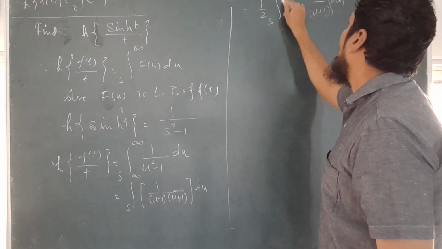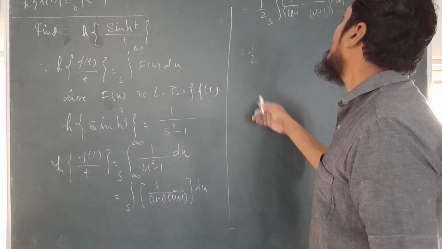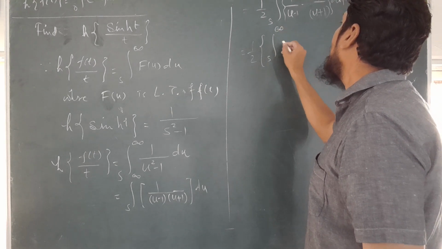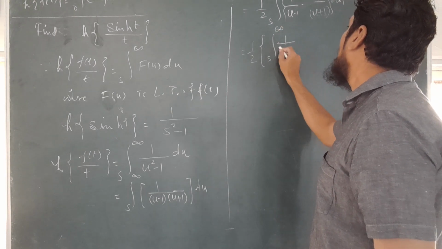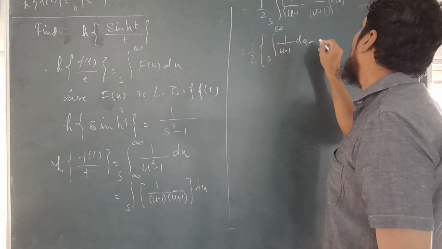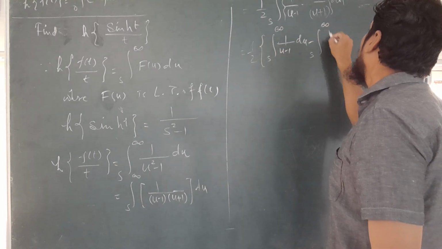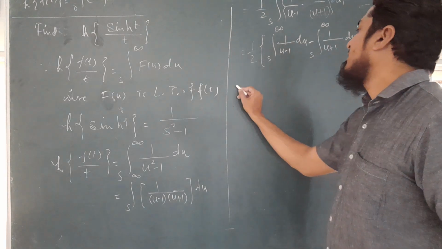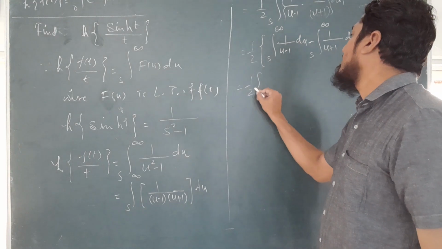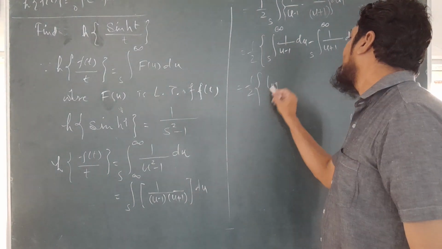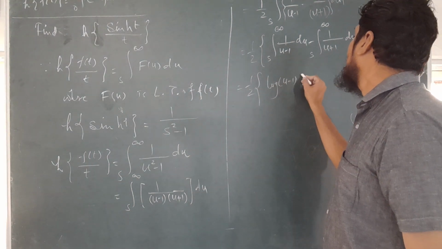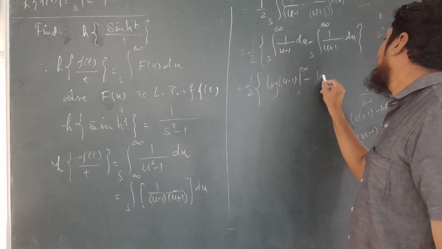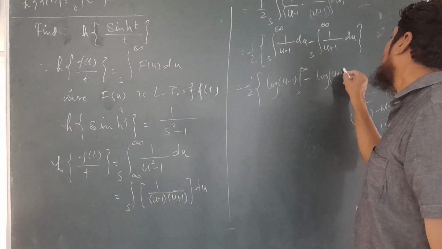Correct? And 1 upon 2 is equals to integration s to infinity 1 upon u minus 1 du minus s to infinity 1 upon u plus 1 du. We will get 1 upon 2 log of u minus 1 s to infinity and log of u plus 1 s to infinity.